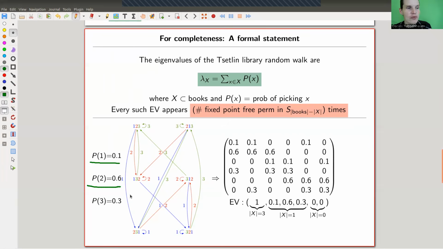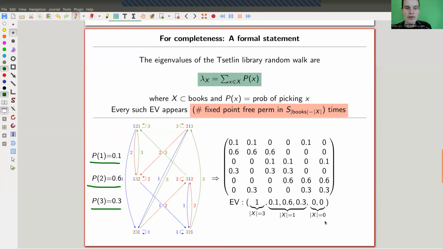The book 2 is reasonably popular, and the book 3 is then also, well, mildly popular. And you can write down the matrix. I hope I haven't messed up, you should have 1 as the column sums in each matrix. You can write down the eigenvalues. You could count the number of eigenvalues as the number of fixed point free permutations of a certain set.